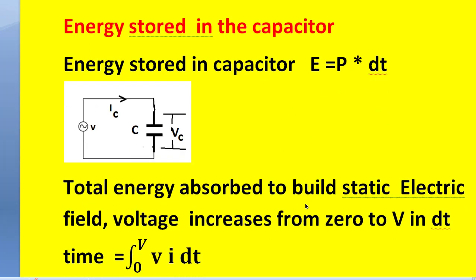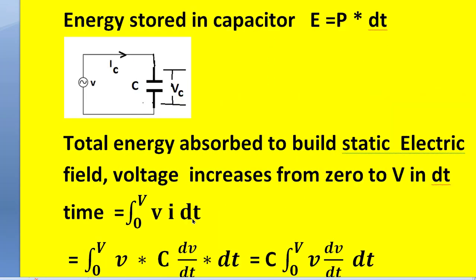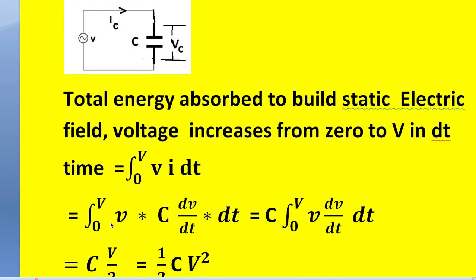So total energy absorbed to build the static electric field. So the voltage ranges from 0 to V in dt time, means we allow the time dt. So for this condition 0 to V, we can write the equation like this: integral 0 to V Vi dt.